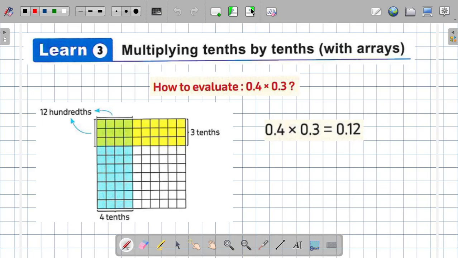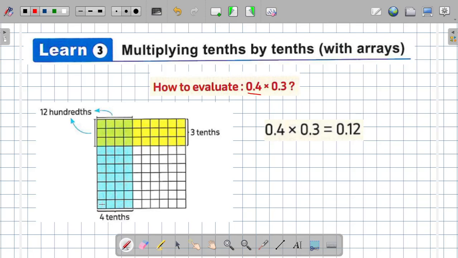I have here a grid of 100 squares, or 10 by 10. I will represent every number by itself. I have 0.4, so I will represent it by 4 columns.